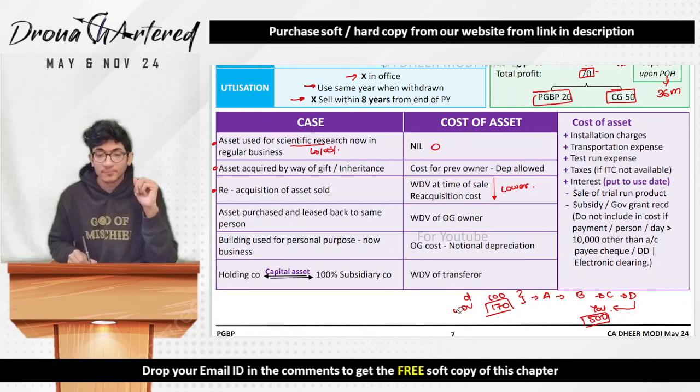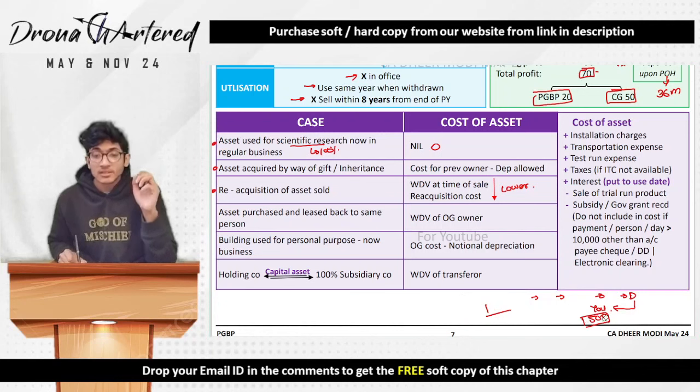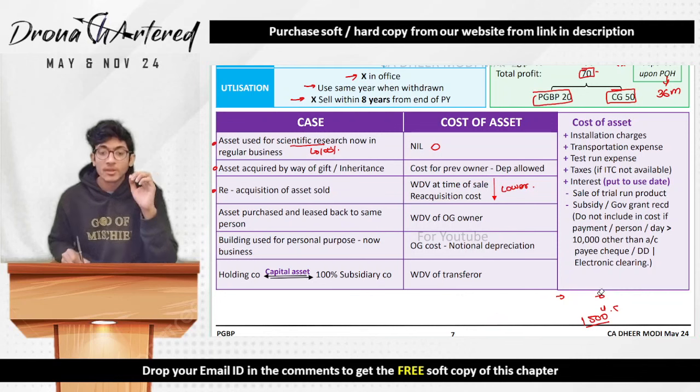Okay. Next is asset purchased and leased back to the same person. In such a case, the cost of asset will be the WDV of the original owner. What does this mean?